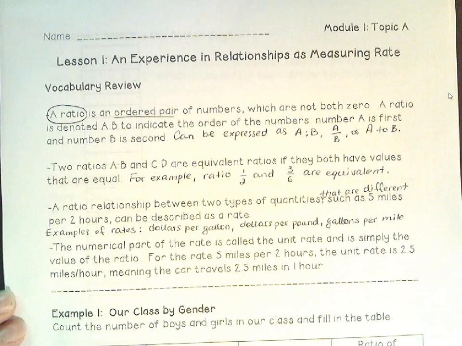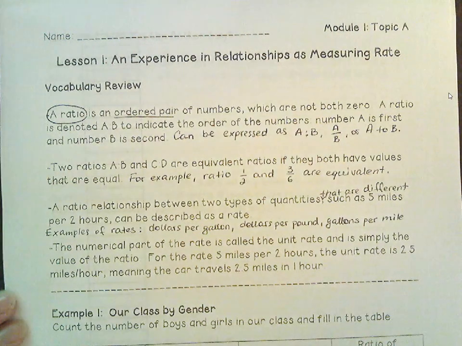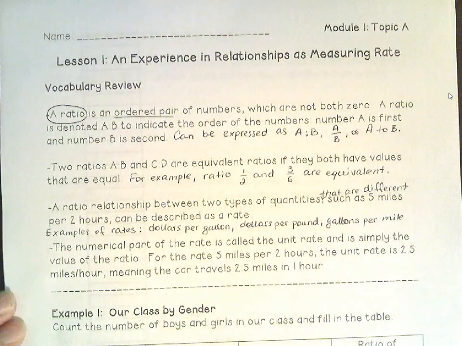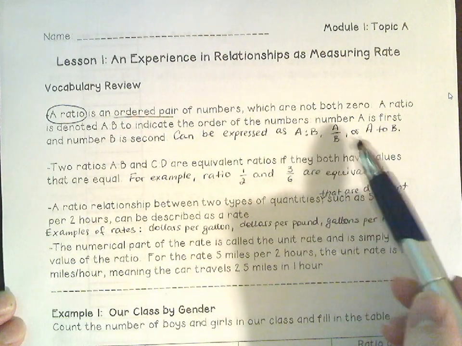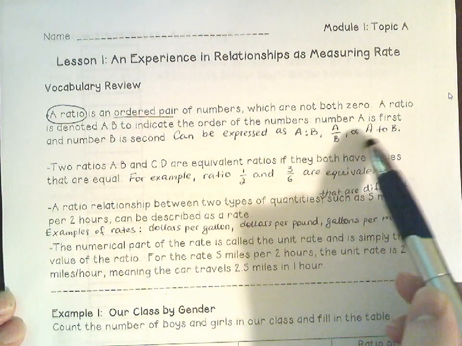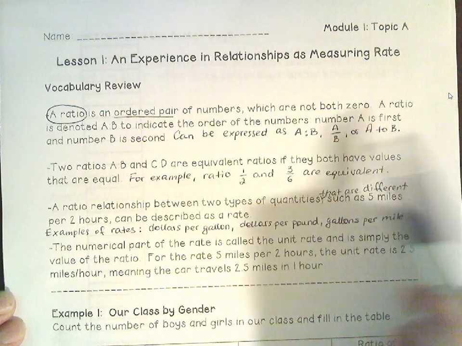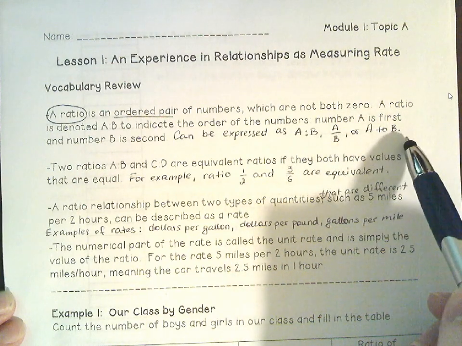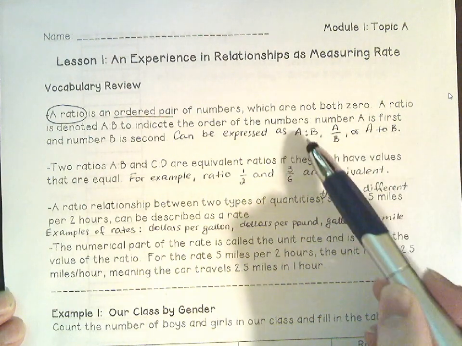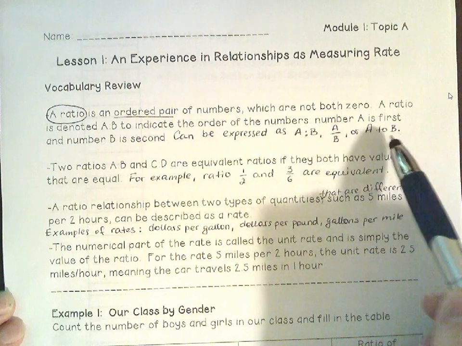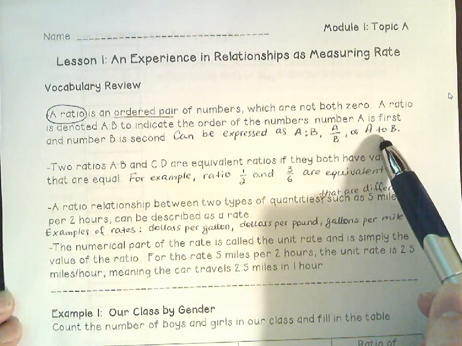A ratio is denoted A to B to indicate the order of numbers. Number A is first and number B is second. The ratio can be expressed as A with the colon B, A over B, or A to B. So there are different ways to express our ratios: as a colon, as a fraction, or just using the word to.